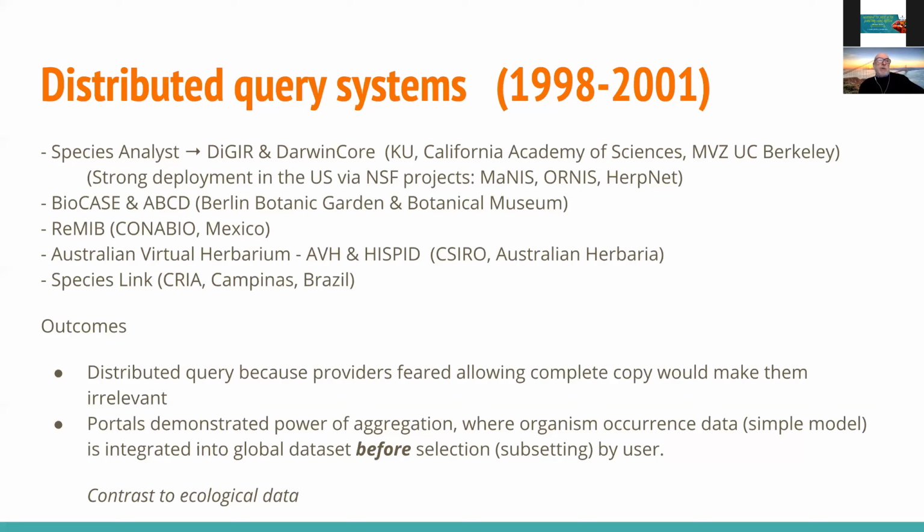There was a similar network developed by CONABIO in Mexico called REMIB, and the Australians had been doing a similar thing, actually preceded all of us, with the Australian Virtual Herbarium and a standard called HISPID, the Herbarium Information Standards and Protocols for Interchange of Data, which goes by the acronym HISPID. And then there was a network that was developed in Brazil as well.